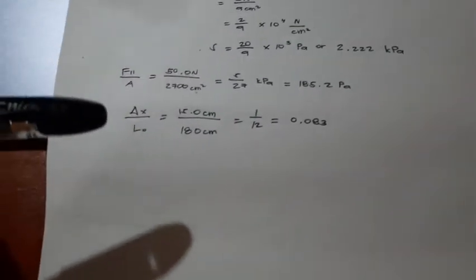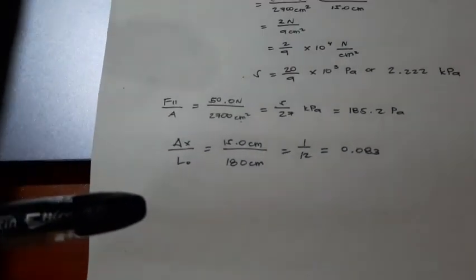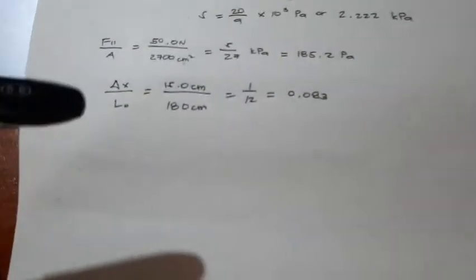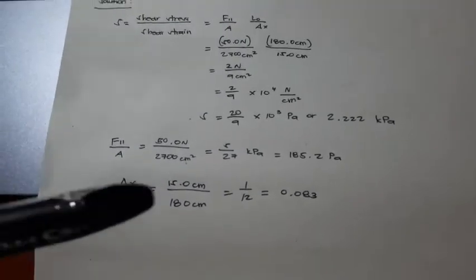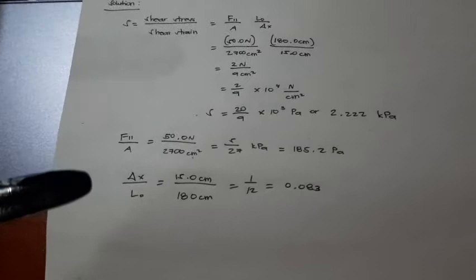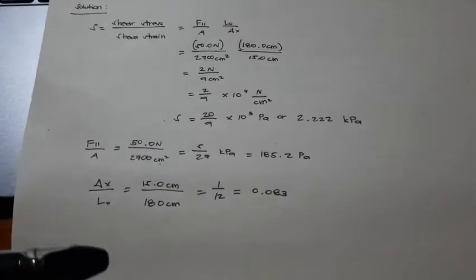And the displacement over the transverse distance would be 0.083. So the shear stress is due to the forces that act on the surface, and the shear strain is caused by the shear stress.